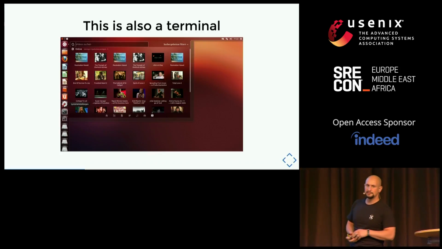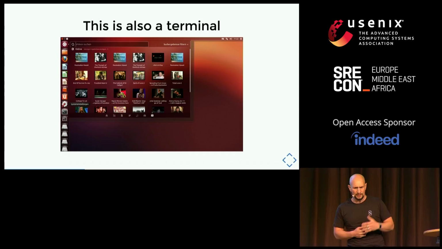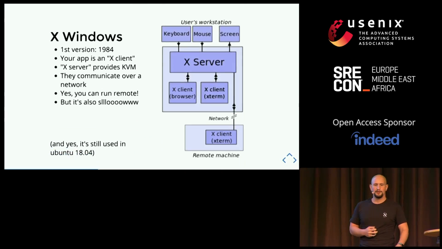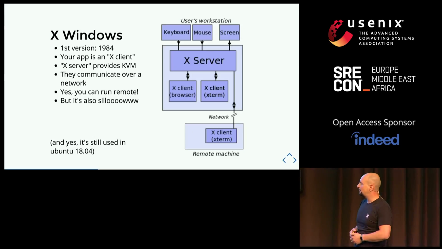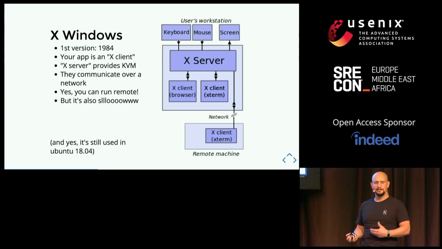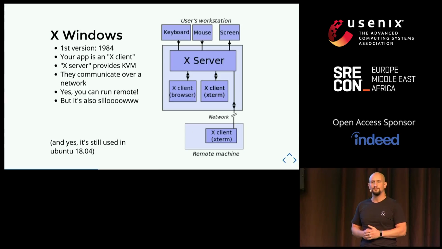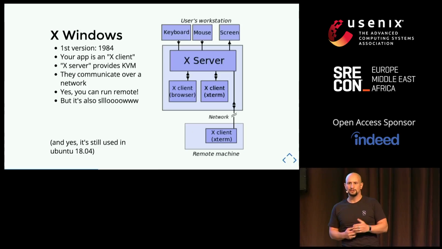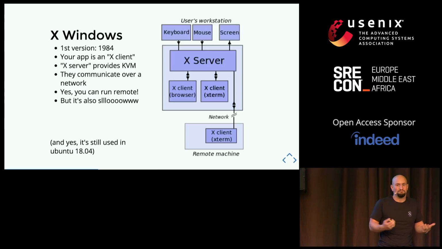The graphical systems in use in modern Linuxes, anyway, they're also a terminal. They work the following way. It's basically what we call X Windows. It's from 1984. And you have an application which is an X client. It talks to keyboard and video mouse services, which is the X server, and they communicate over a network, which is why gaming on Linux is so bad, because it's all basically remote.